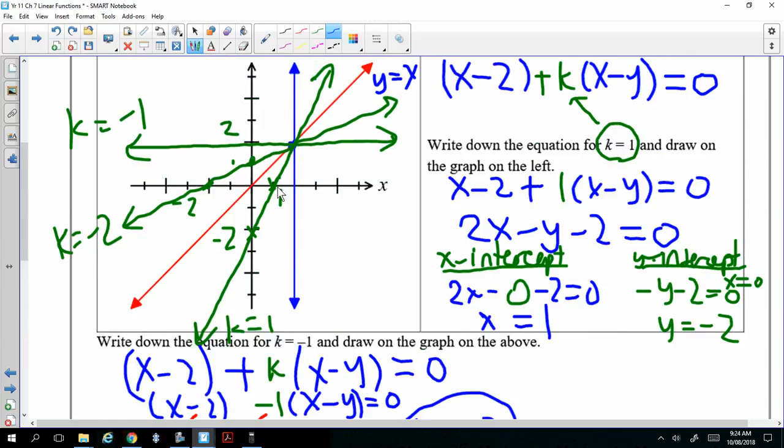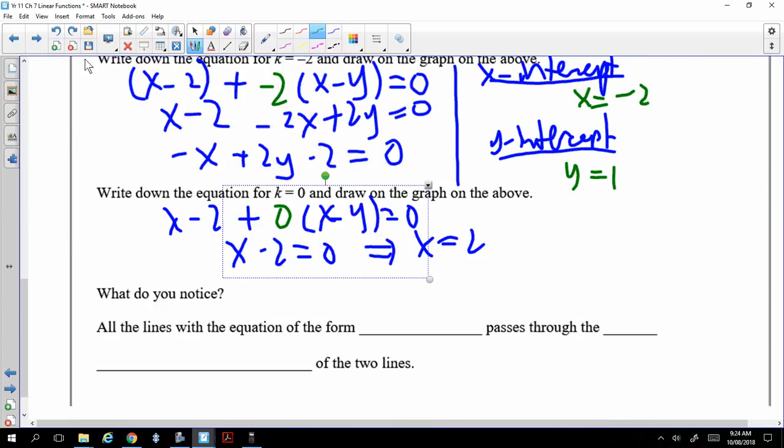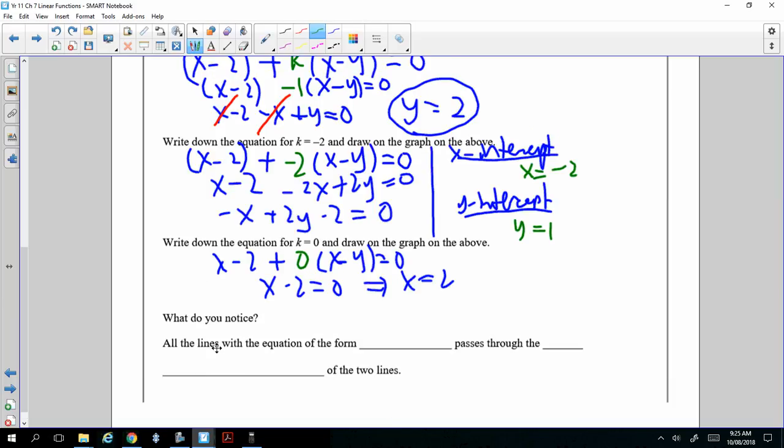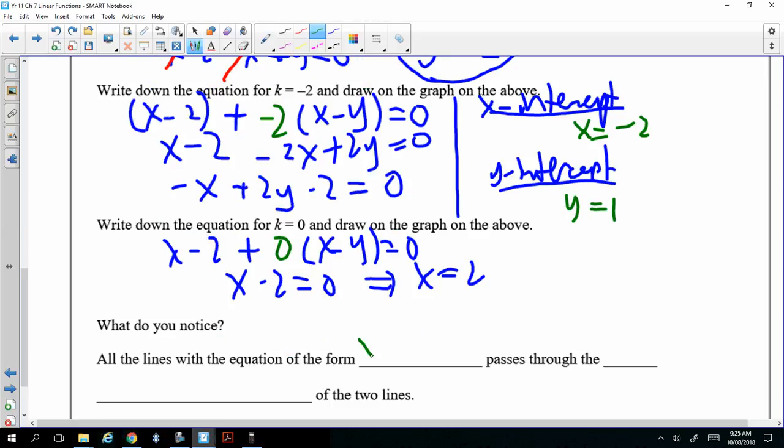All right, so we've got all of this. And now it's easy to fill out the rest. What do you notice? Well, all the lines with the equation of the form, let's write it properly, in the form of the one we just wrote, x minus 2 plus k times y minus x minus y equal to 0.